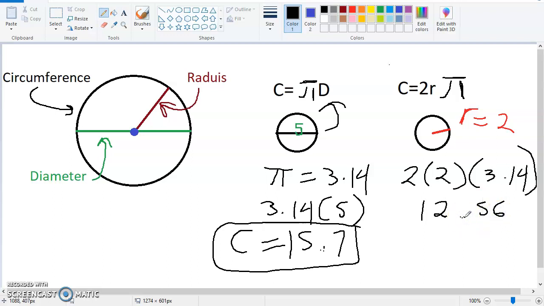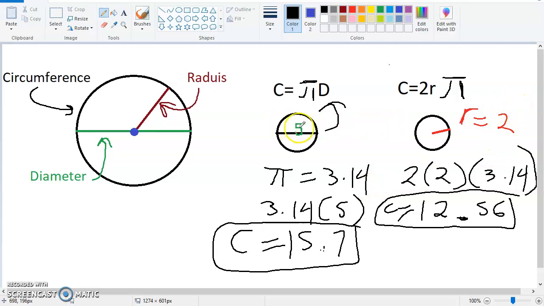So that is the formula for the circumference. Excuse me for my decimal points there, it's not super easy on this program. That's a decimal point, 12 and 56 hundredths. That is my circumference for that example, if my radius is 2.